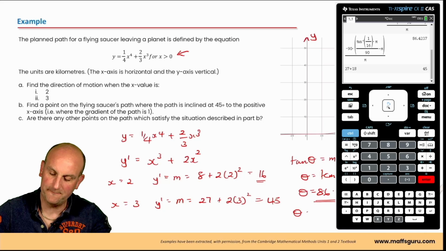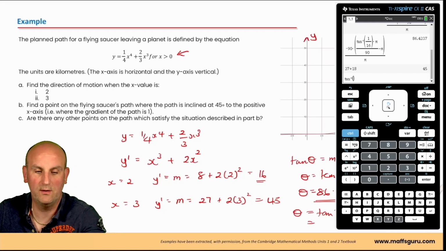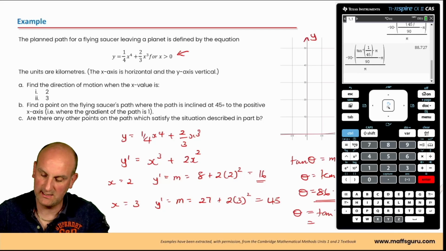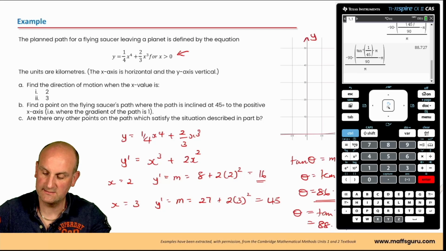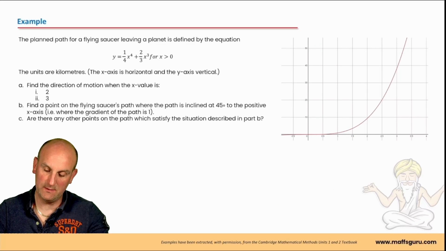So we want theta is equal to tan to the minus 1 of 45, which is 88.7 degrees.